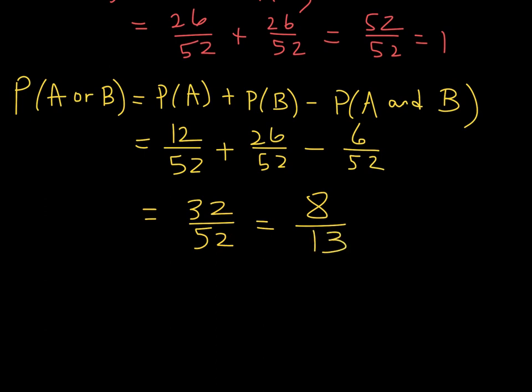Awesome, folks. All right, so we are done for the most part looking at or problems. Now let's look at and problems. When it comes to an and probability problem, we need a favorable outcome in each of the given events, not just one.